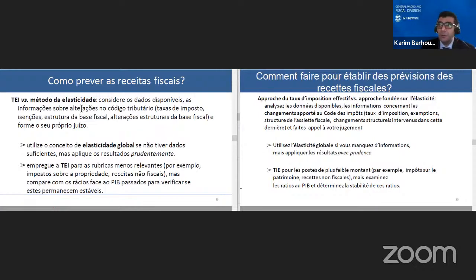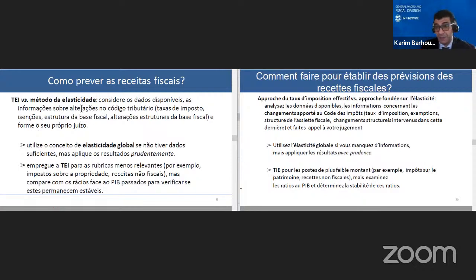What should we do for forecasting other revenue? If you want to forecast other non-tax revenue, we can do it by extrapolating its trend or by calculating its ratio to GDP. This is if they are small and there is no impact in terms of total tax revenue.